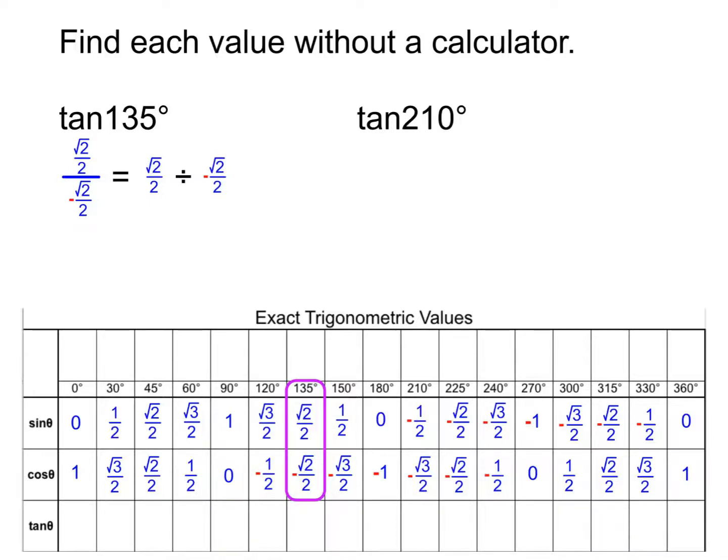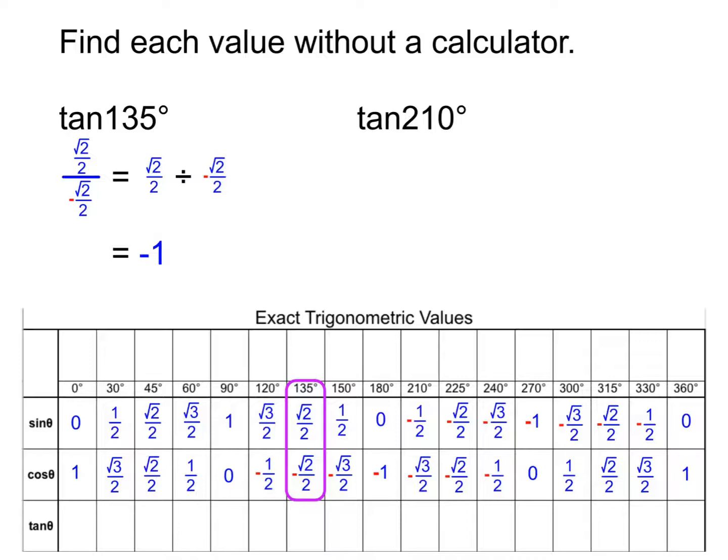What's root 2 over 2 divided by a negative root 2 over 2? It's also a negative 1. Because it's the same thing being divided by itself, it's just that a positive divided by a negative gives us a negative 1 instead of just a positive 1. And so that is actually the value of the tangent of 135 degrees.